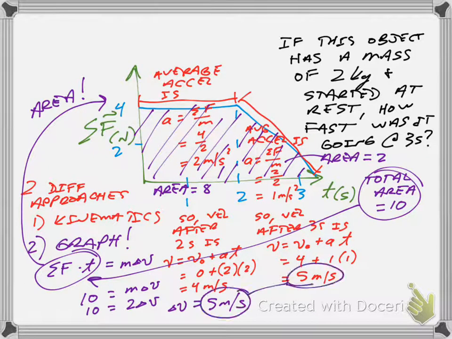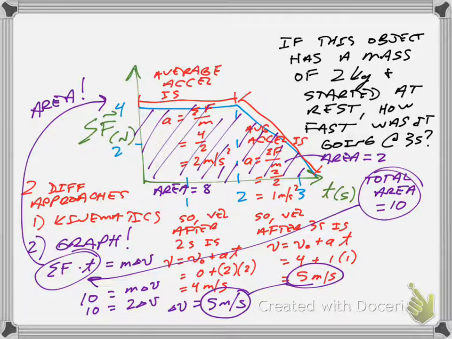So that impulse causes a change in momentum. The impulse is 10 and the mass is 2, and so the change in velocity for the whole time must be 5 meters per second. Of course we would expect it to, and it does agree with the answer that we got when we did kinematics.